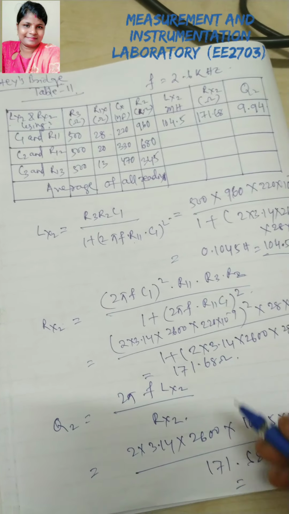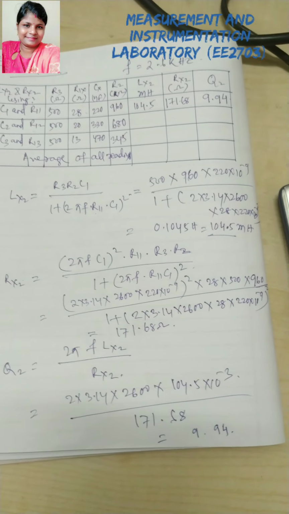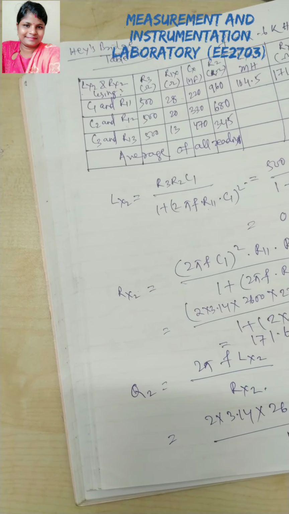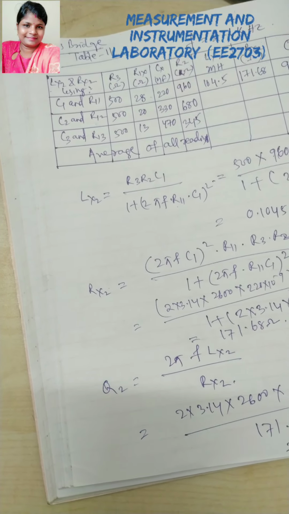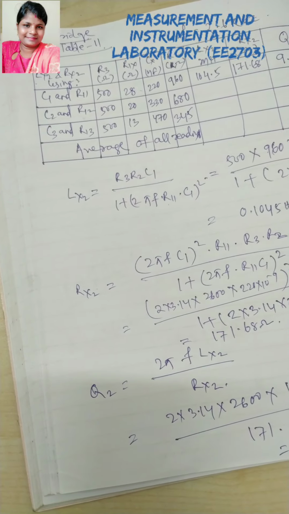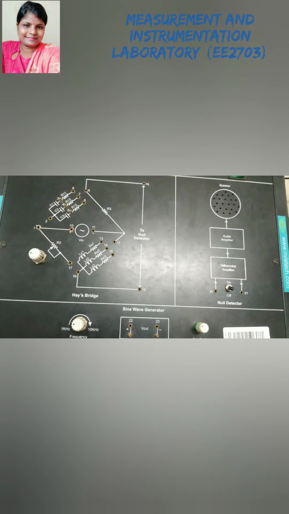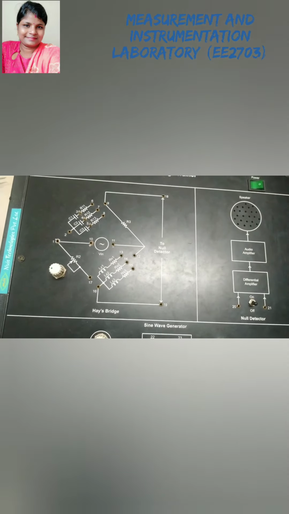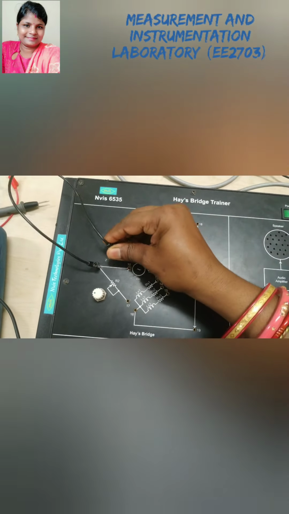Okay, table 2 is over. So go for table 3, calculate the value of LX3 and RX3. So let us connect the circuit diagram for calculating LX3 and RX3. So first connect terminal 1 and 2.